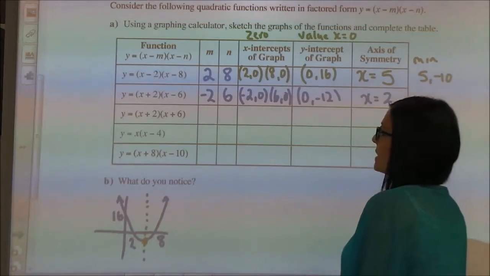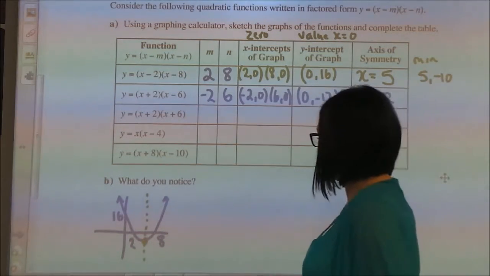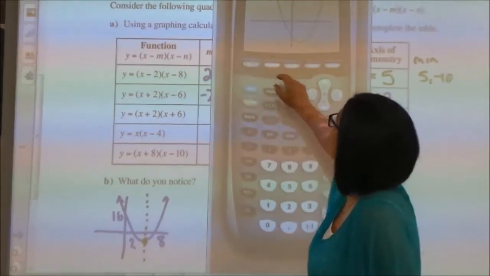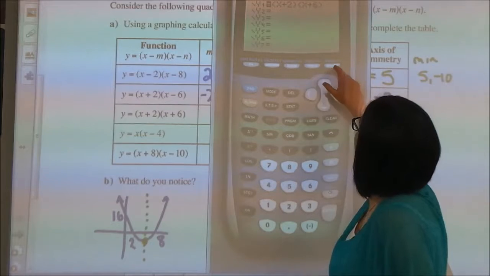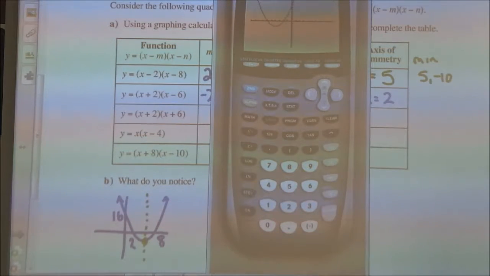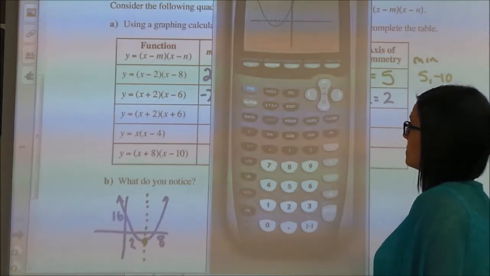Okay, so the first side. If I look at y equals x plus 2 and x plus 6, where are my two zeros? Where are my two x-intercepts? Negative 2 and 0 and negative 6 and 0.